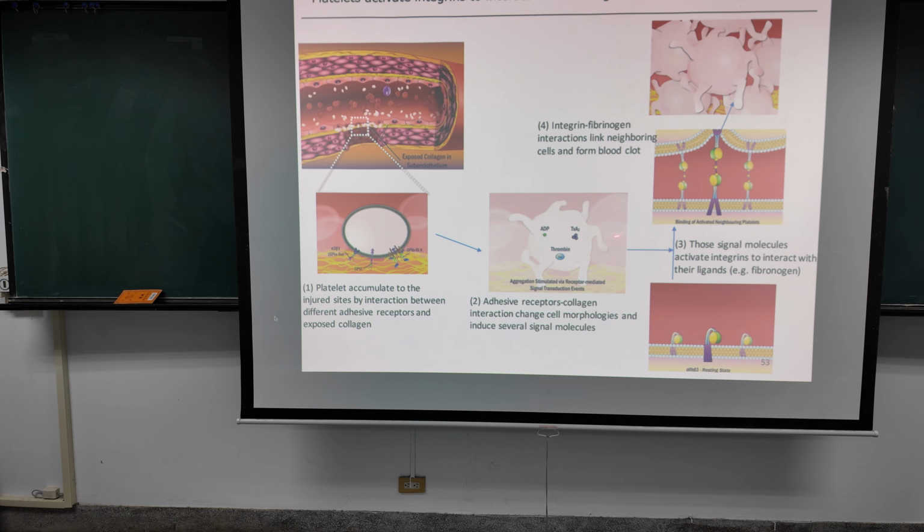It will activate some integrin, and the integrin will interact with the integrins of other platelets through fibrinogen, bridging them. So different platelets can form a thrombus to prevent blood leakage. Okay, so this is triggered by the integrin.